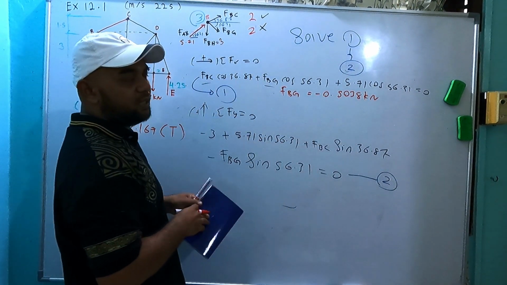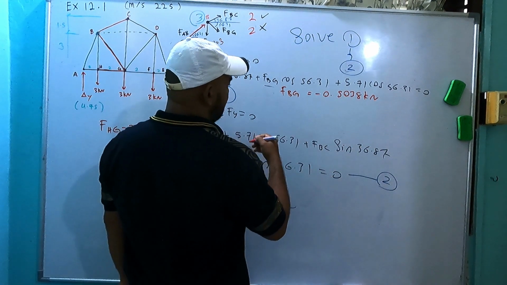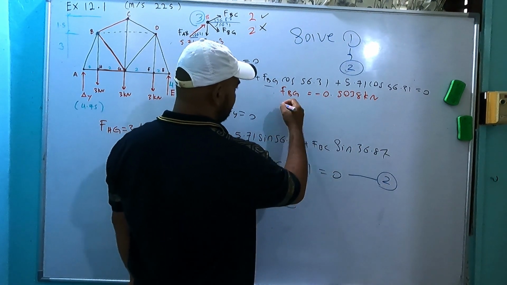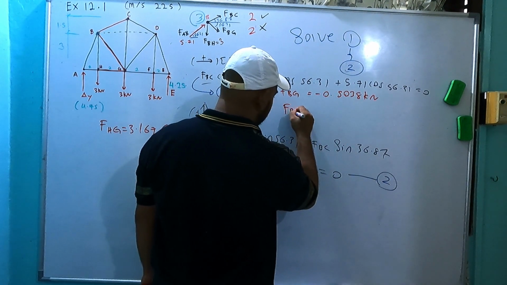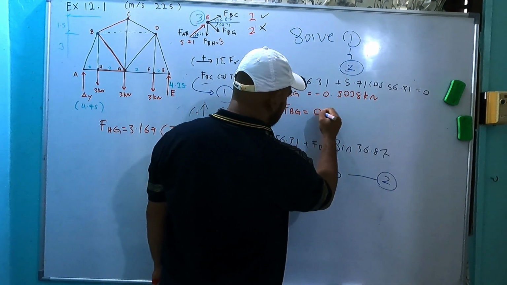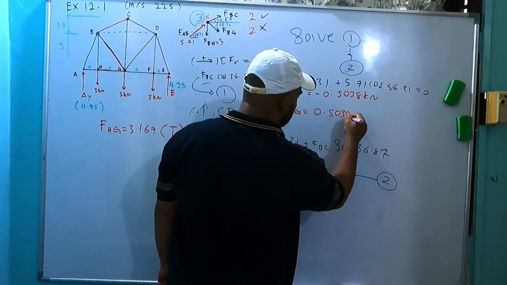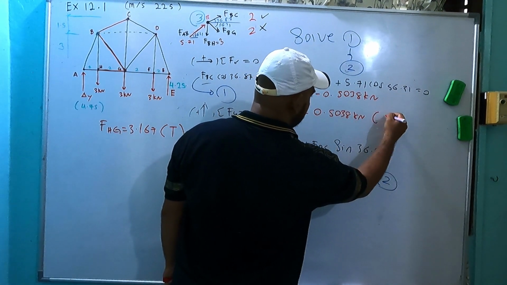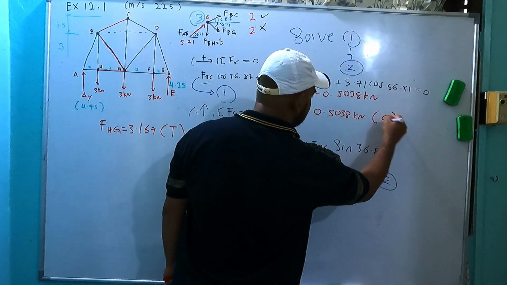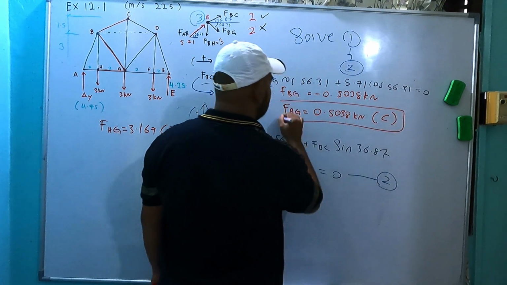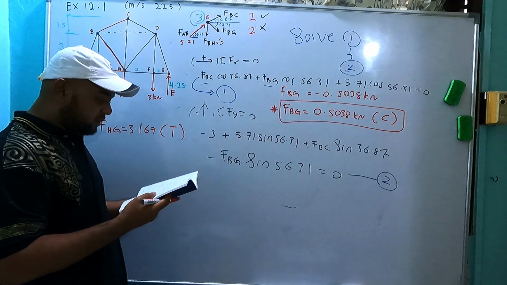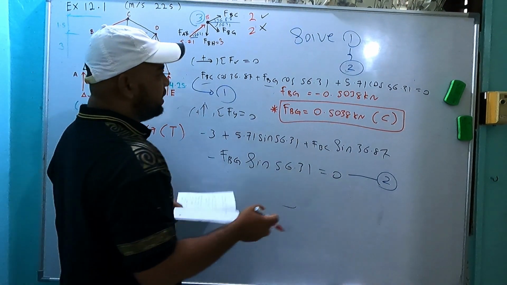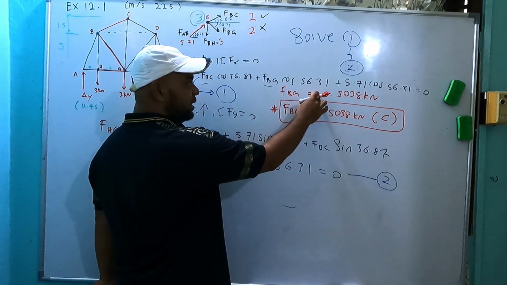This is from your calculation. What this negative means is that FBG equal to 0.5038 kilonewton is in compression. This is your answer.